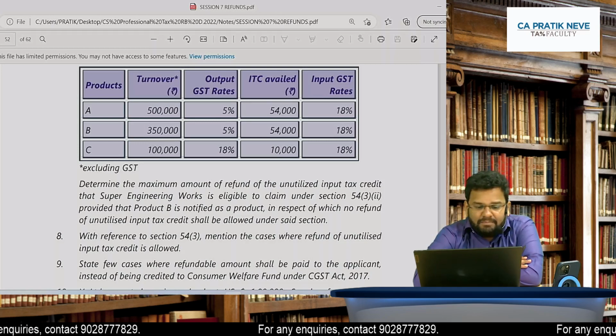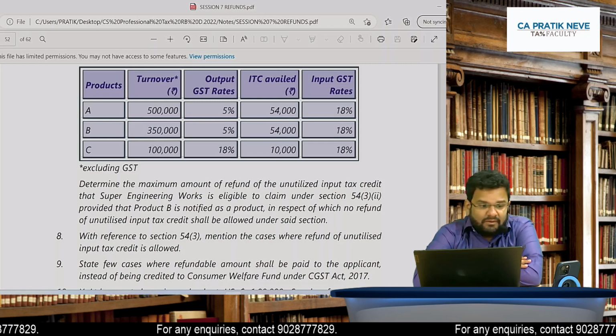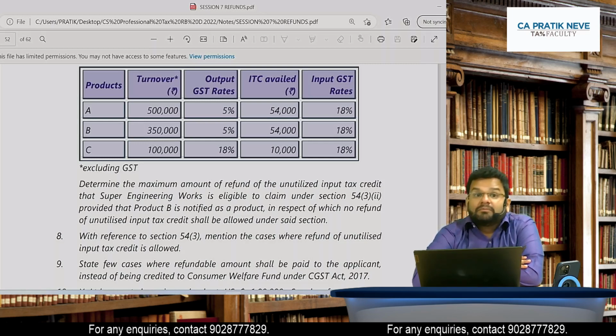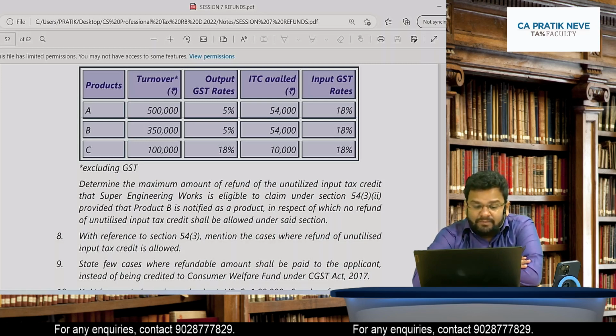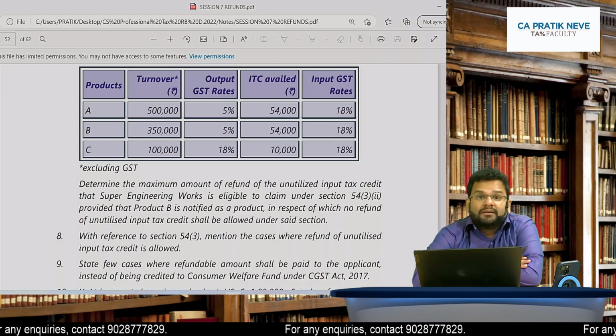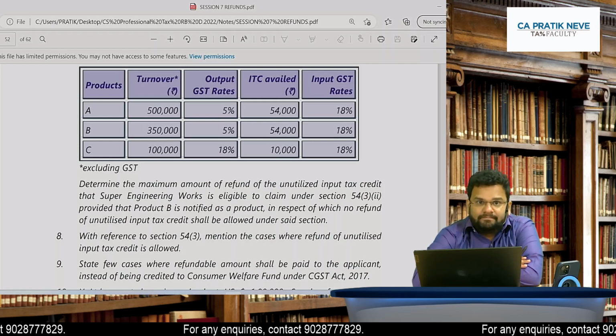In A and B, because output GST percent is 5 and 5 in those cases, whereas the tax which is paid on purchase is at 18%. So don't you think that there will be accumulation of ITC, that we are seeking to claim as refund?